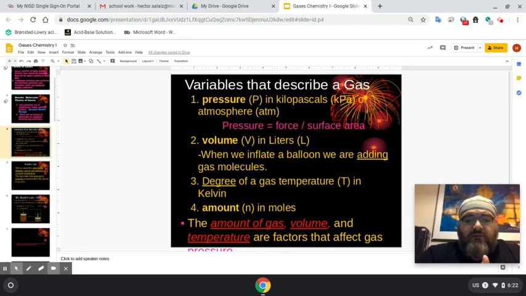Like it says here, whenever we inflate a balloon, we are adding gas molecules to the balloon. You're adding carbon dioxide molecules into the balloon. So when you blow into a balloon, you're giving that balloon more volume.